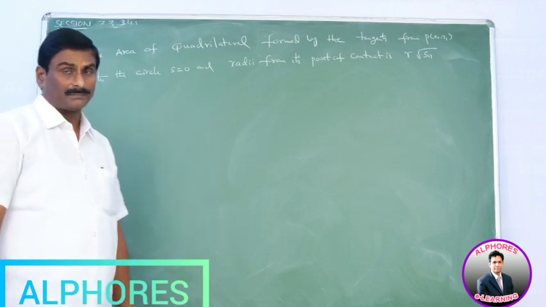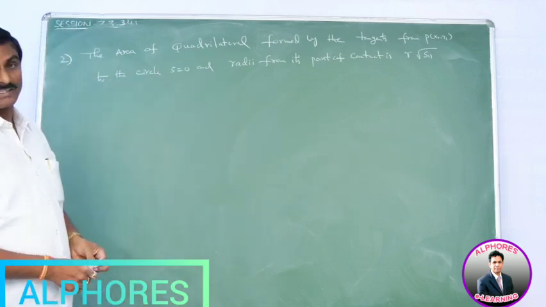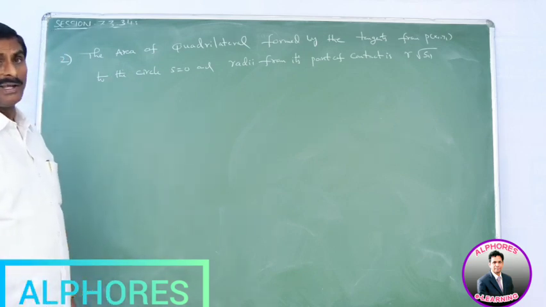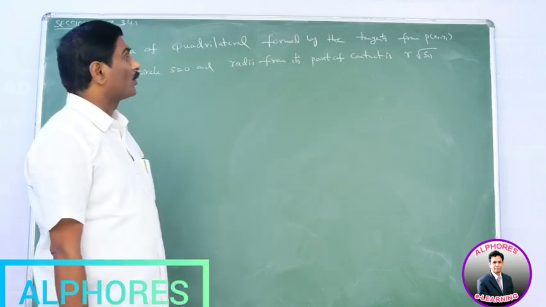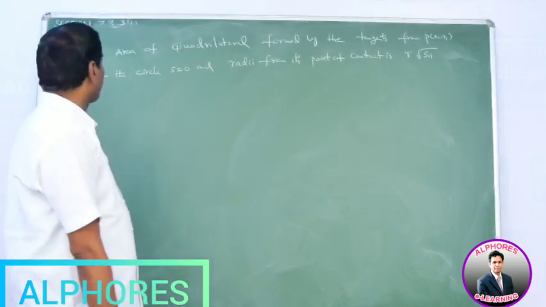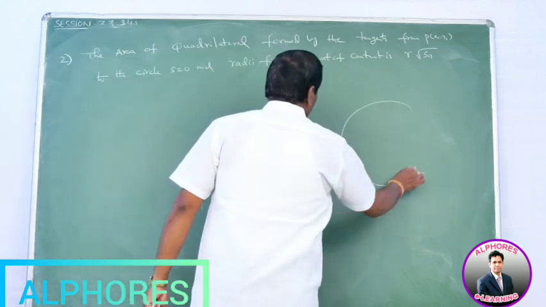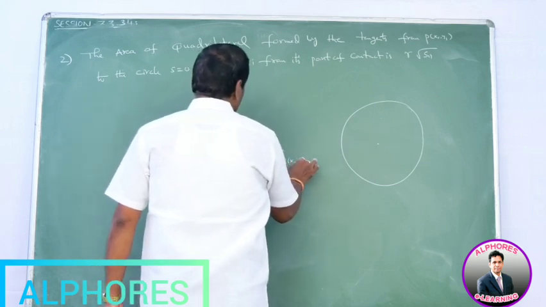Next, second point. The area of the quadrilateral formed by the tangents from P x1 y1 to the circle S is equal to 0 and radii from its point of contact is r into root s11. Please note this point. Suppose P x1 y1 is an external point.